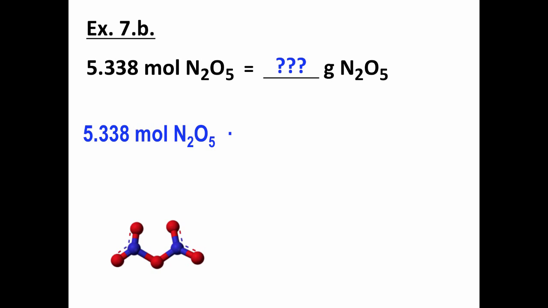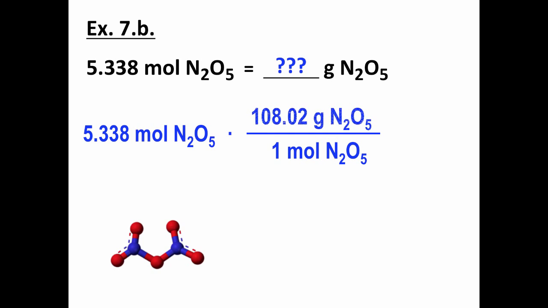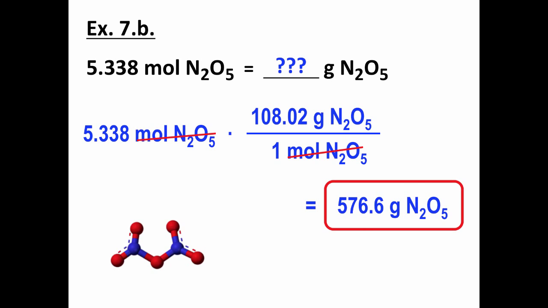And then our conversion factor, if we want grams of N₂O5, we need to convert from moles into grams, and we know that 1 mole of N₂O5 is 108.02 grams, and so our conversion factor is set up like this, and when we do the math we get 576.6 grams of N₂O5 that is equal to 5.338 moles of N₂O5.